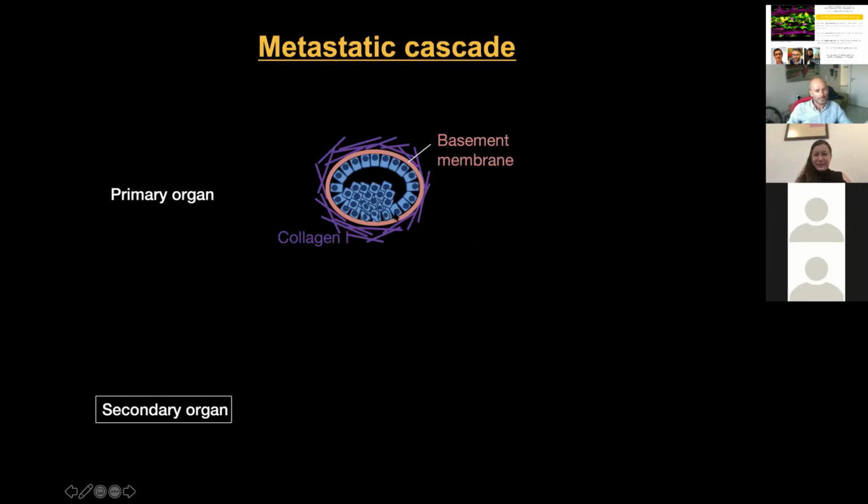At the time, they're surrounded by the basement membrane, and then this is again simplification. I'm missing myoepithelial cells and so on, and there's collagen fibers around them. And so what happens? So this is what we call the stage 0, or the ductal carcinoma in situ.